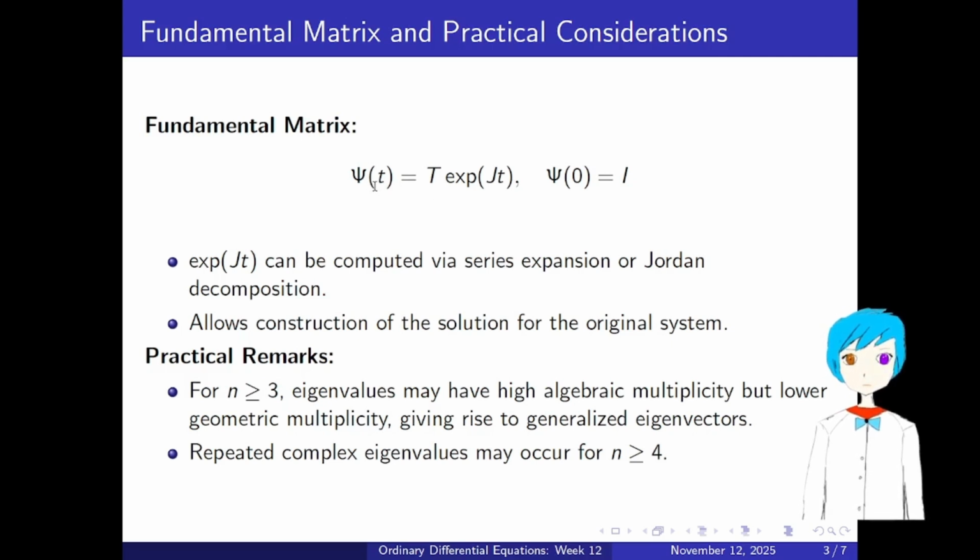We can show that P(t) equals the transformation matrix T multiplied by the matrix e^(Jt), where the matrix exp(Jt) can be computed via series expansions or Jordan decomposition. J here is the Jordan matrix. So this allows construction of the solution for the original system for any initial value problems.